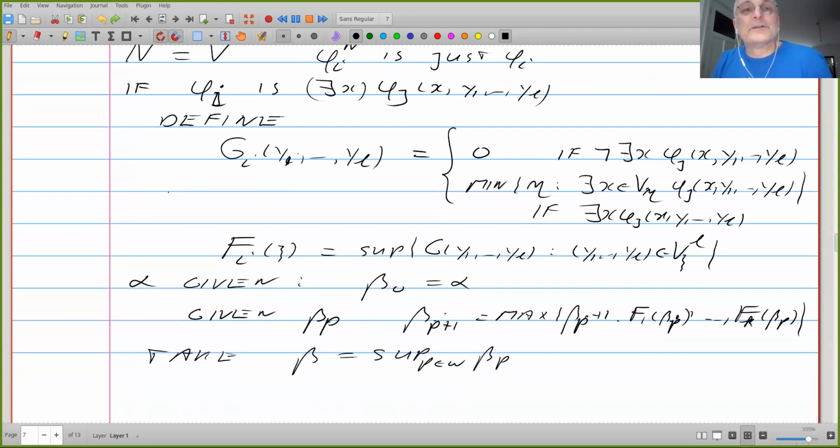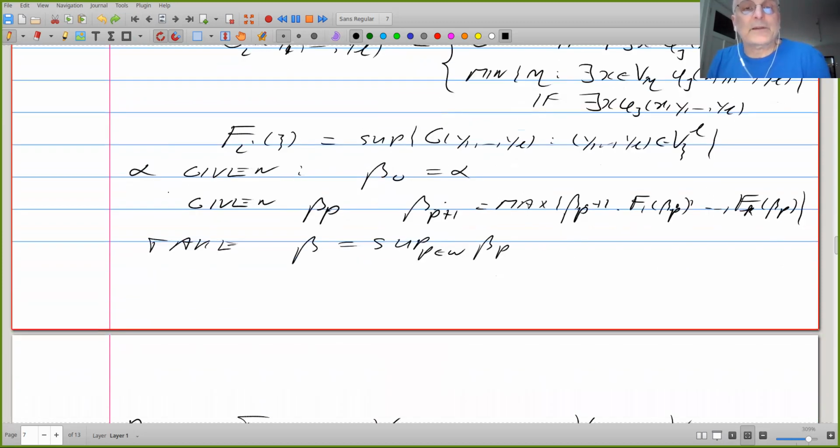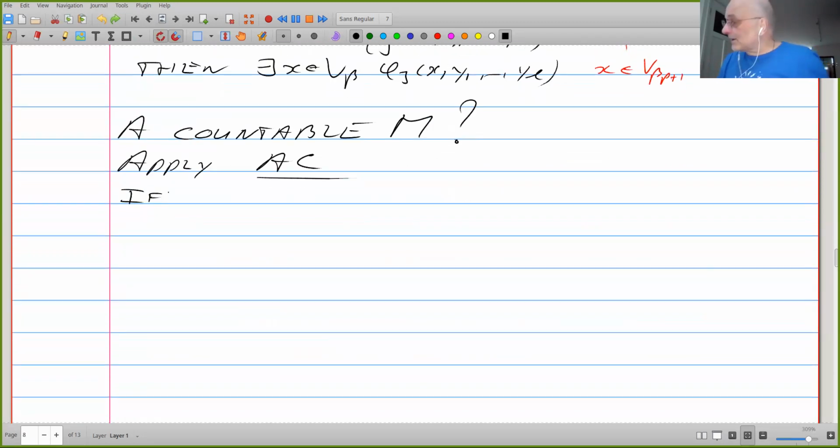I defined the functions only if the formula started with an existential quantifier. If it doesn't start with an existential quantifier, we simply take the function constant 0 because we don't have to do anything anyway. And the same thing is going to happen here.